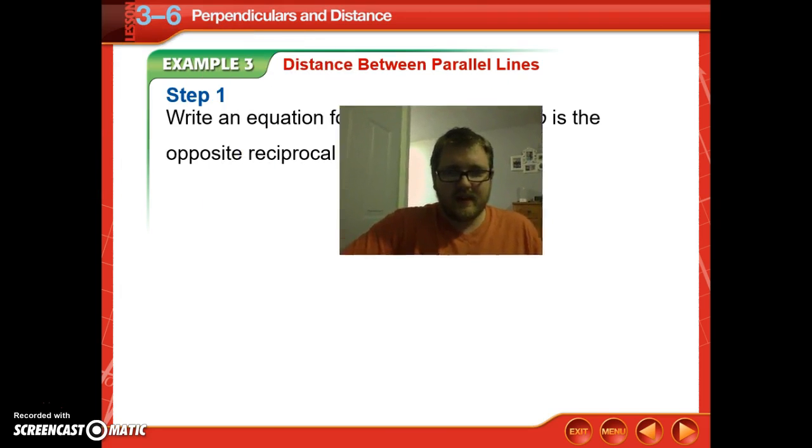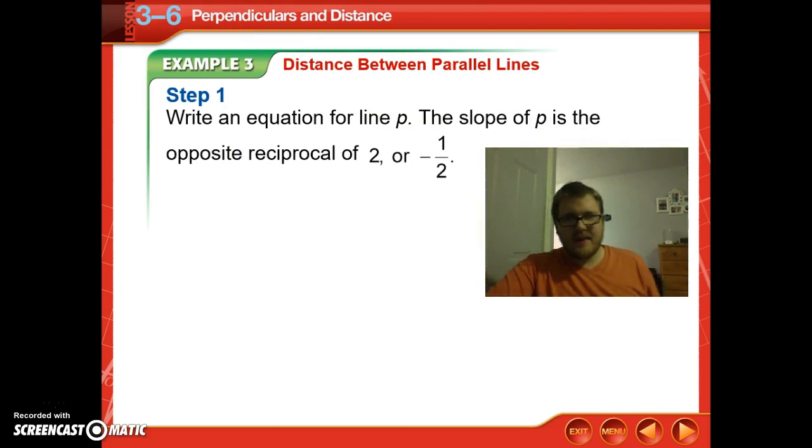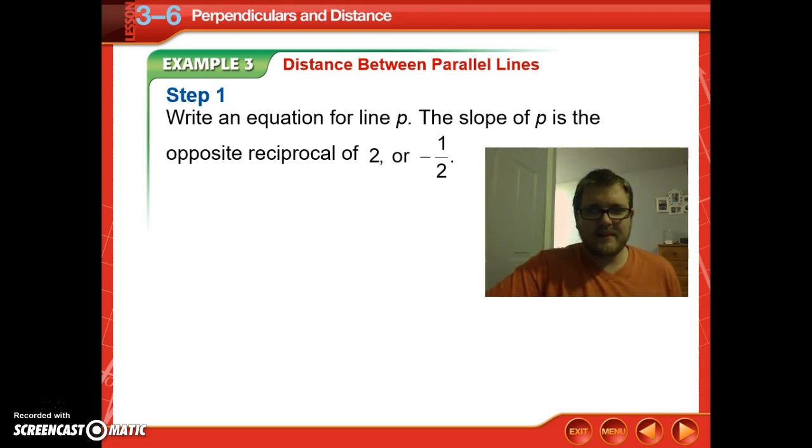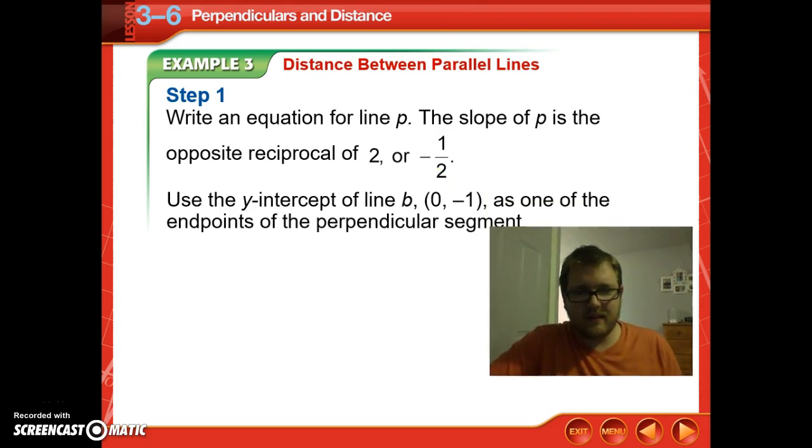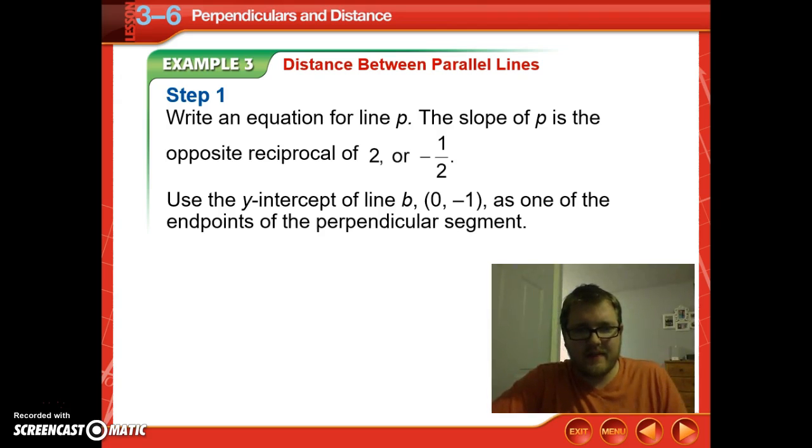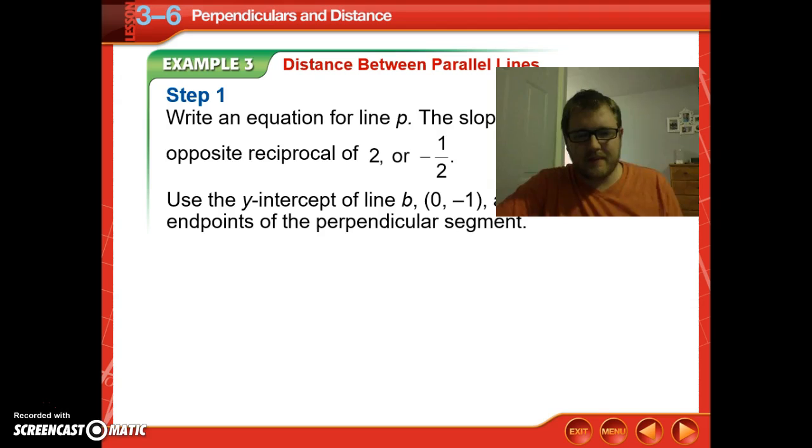So our first step, we want to write an equation out for line P. Since P is perpendicular to both those lines with a slope of 2, we know P has to have a slope of negative 1/2. Next, we want to use the y-intercept of line B, which is 0, negative 1. That's going to be the endpoint of the perpendicular segment.